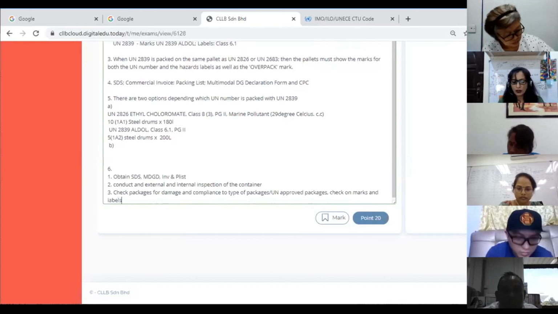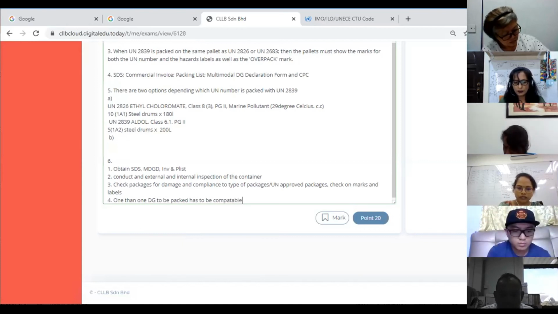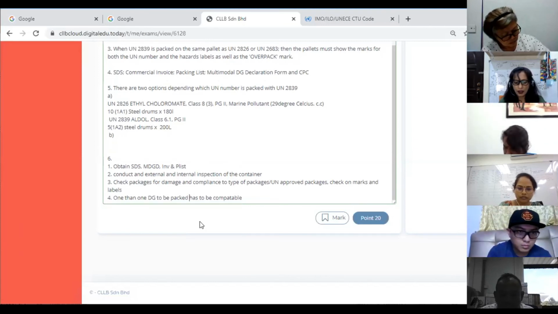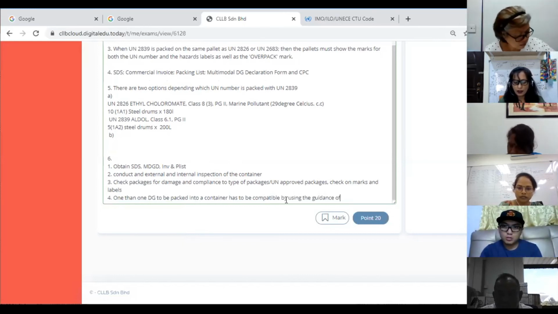Then you can also indicate more than 1 DG to be packed into a CTU, into a container, has to be compatible by using the guidance of the segregation table.